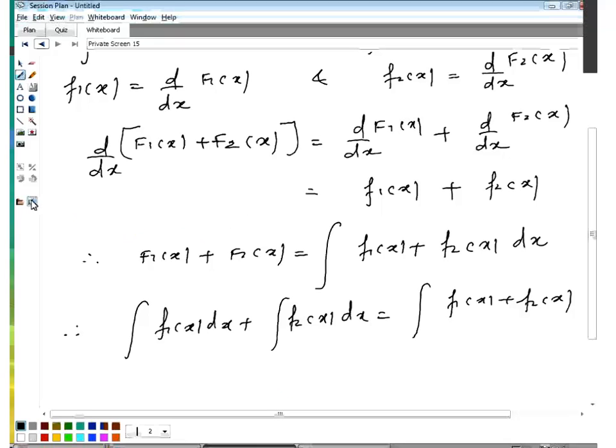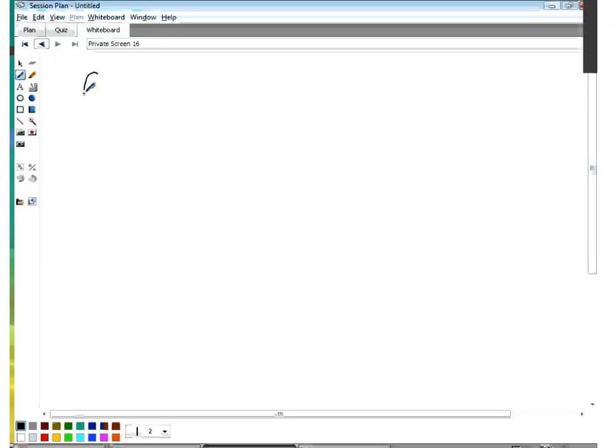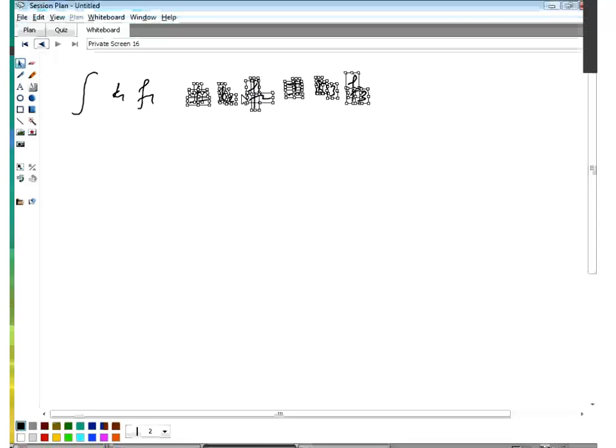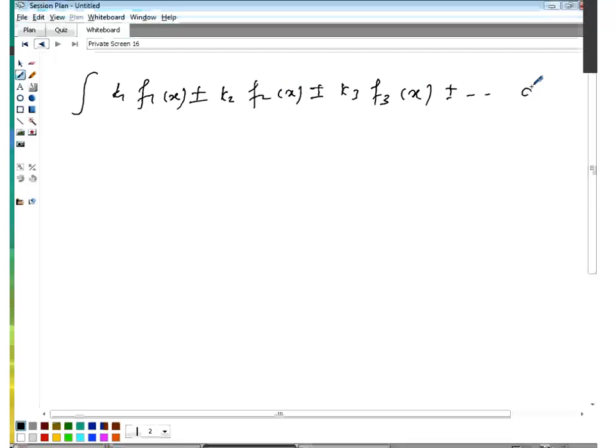In a generalized situation, it would be like this: integral of k1 f1 plus or minus k2 f2 plus or minus k3 f3. Of course, it's x everywhere. x here, x here, x here, and on and on. Constant comes out. Okay, we can do it in stages. First, we apply this theorem, which is about splitting.